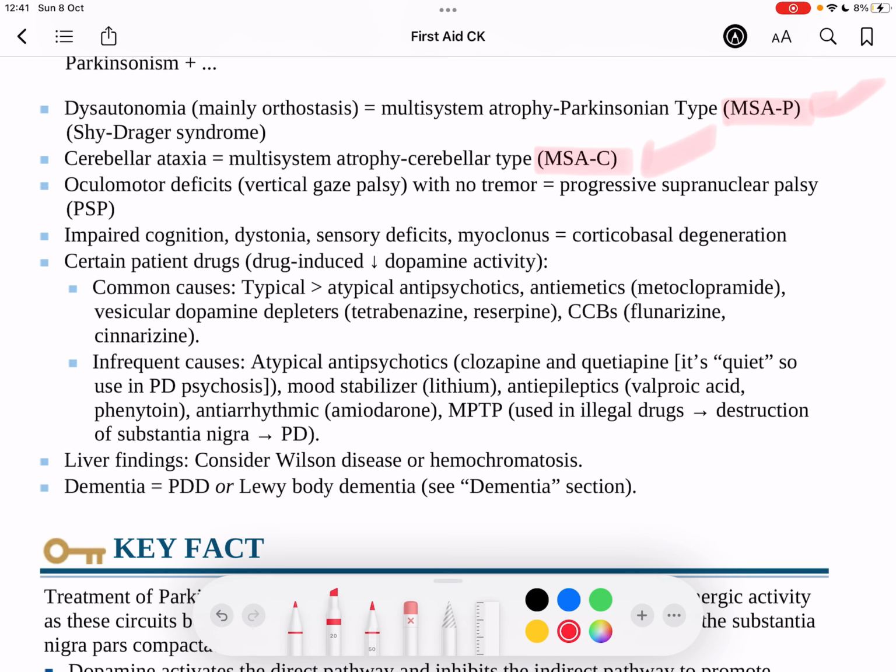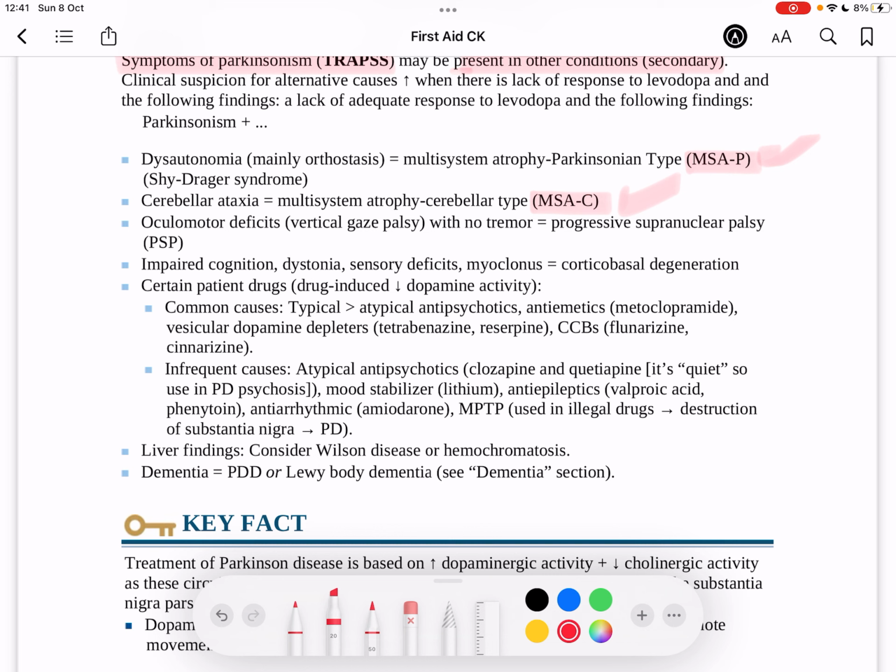Both of these conditions can have TRAPS symptoms, like tremor, rigidity, akinesia, etc. The MSA-P is also called Shy-Drager syndrome, and these patients have Parkinson's-like symptoms, but they have a very heavy autonomic nervous system component. So these patients have a huge amount of orthostatic hypotension, maybe constipation problems, lots of hyperhidrosis problems. It becomes very predominant in the ANS department.